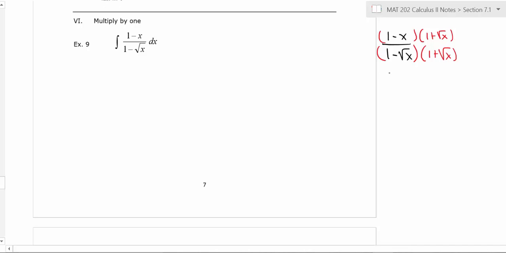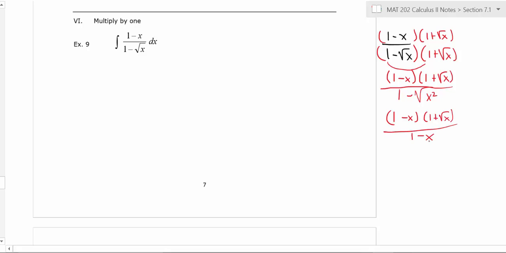The numerator is just going to remain the same. When you multiply out the denominator by FOIL, you're really just doing the first and last terms: 1 times 1 is 1, and negative square root of x times square root of x gives negative x. So you get 1 minus x times 1 plus square root of x, all over 1 minus x.